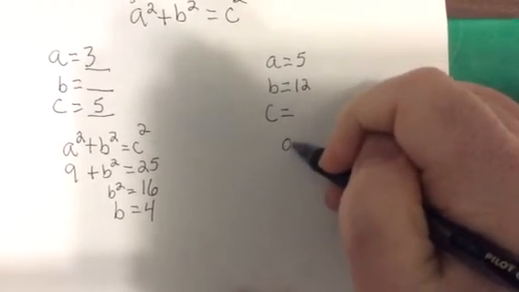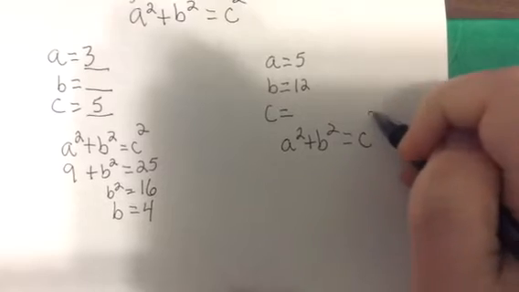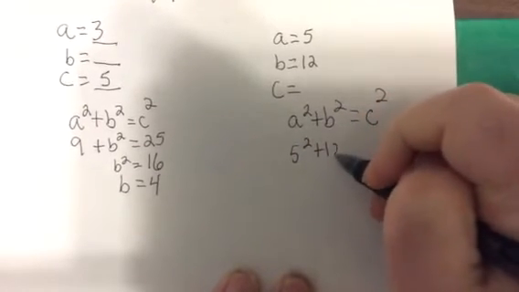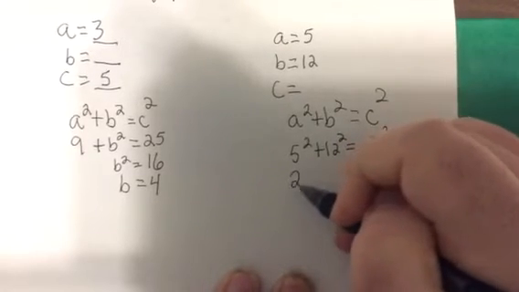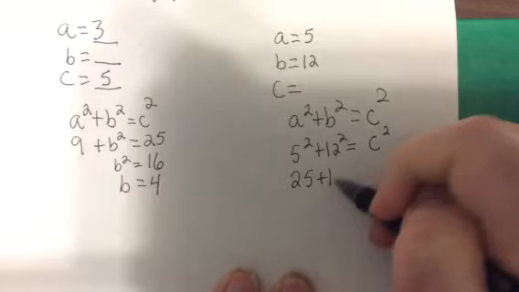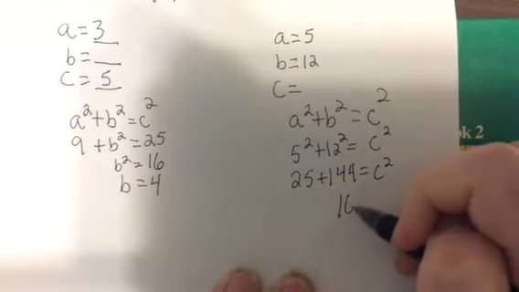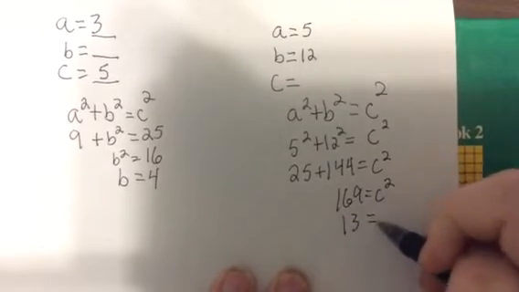So you'd say A squared plus B squared equals C squared. So 5 squared plus 12 squared equals C squared. So it's 25 plus 144 equals C squared. So 169 equals C squared. So it'd be 13.